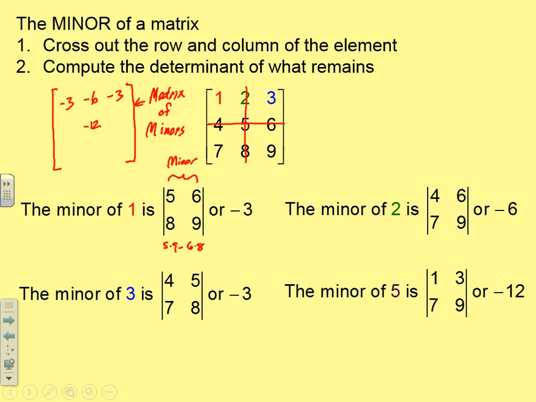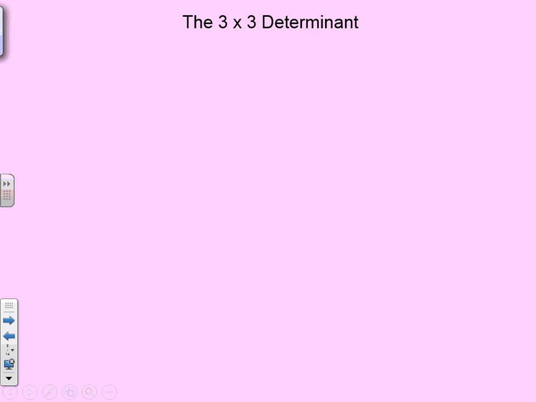Now, the reason why we're doing this is because this is a way that we can figure out the determinant of a 3 by 3 matrix, which is necessary regardless of whether we're finding the inverse or not, we're going to be asked to do that. And obviously, it is capable of producing something known as a matrix of minors, which also is a necessary element when we figure out the inverse of a 3 by 3 matrix by hand.